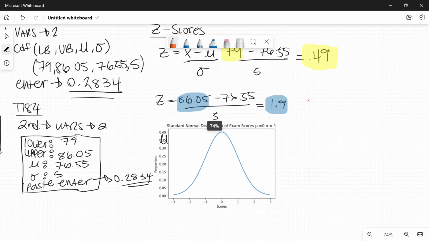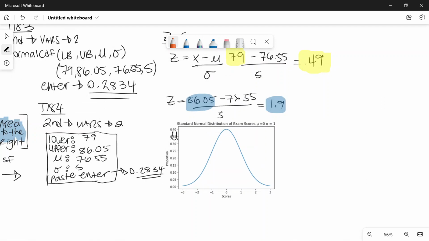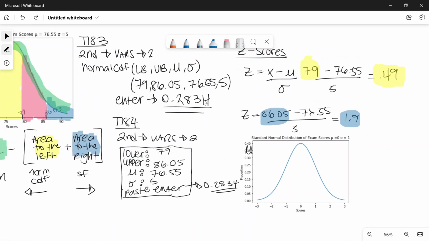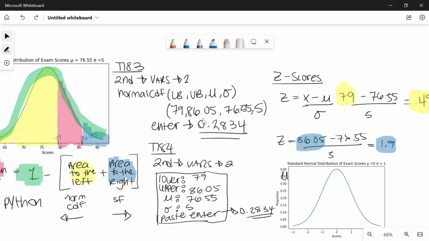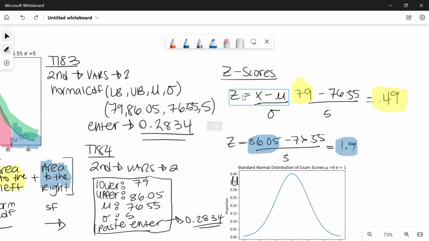So for z-scores, for the TI-83, it would end up just being 0.49 to 1.9 and then 0.1, and then click enter, and it would give you the same answer, 0.2834.